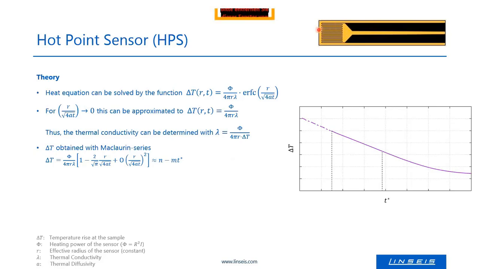You measure the temperature increase during the application of the heating current. This delta T increases with 1 over the square root of the time. By that, you plot the measurement curve of the delta T which you measure.